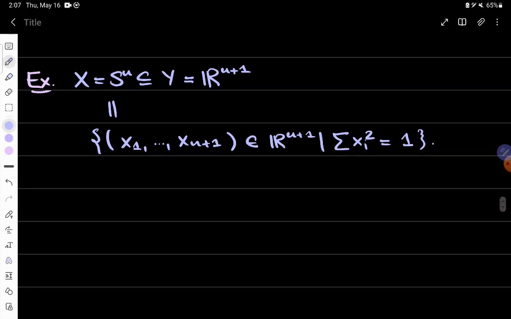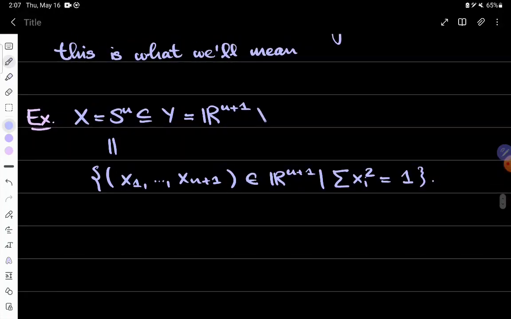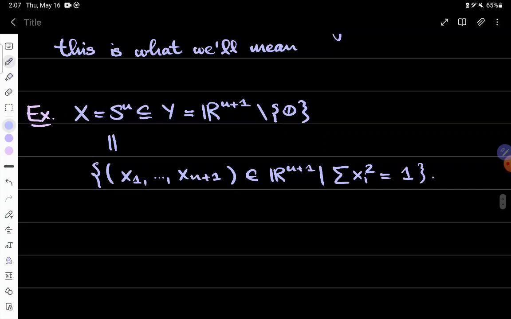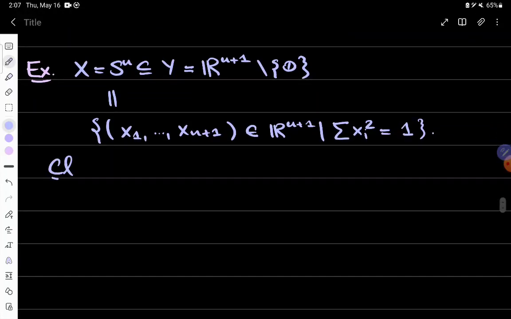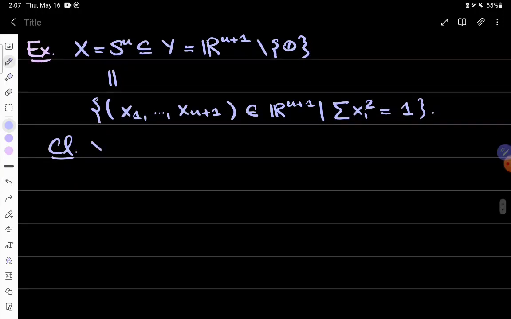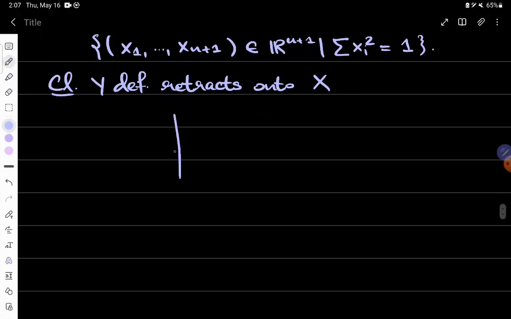Okay. Let me say Y is R^(n+1) minus 0. So I claim Y deformation retracts onto X. And in R2, we can visualize this as follows.